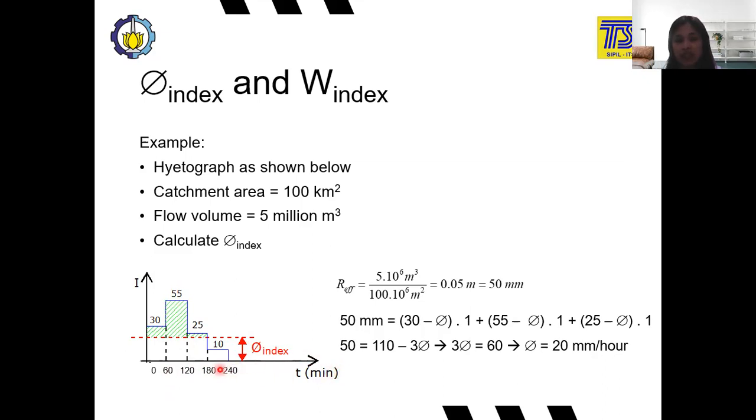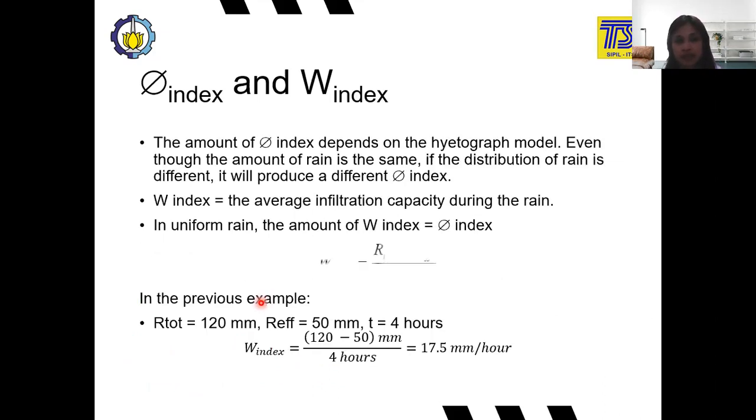For example, here in each 1 hour, in every 15 minutes, it is calculated as shown in the hyetograph here.